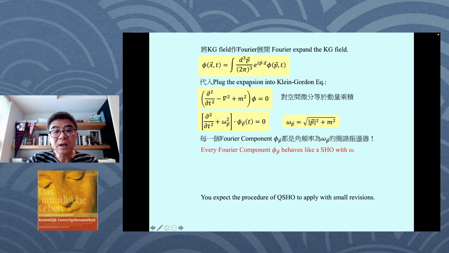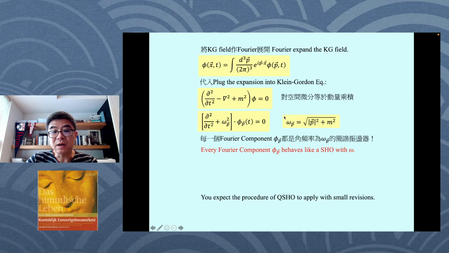Then you plug this into the Klein-Gordon equation, and every space derivative, del squared, gives you a p, so this is p squared. So p squared plus m squared, we define as omega p squared.